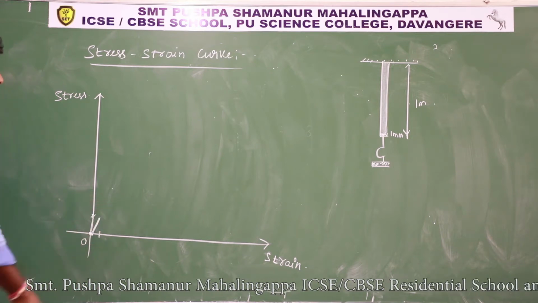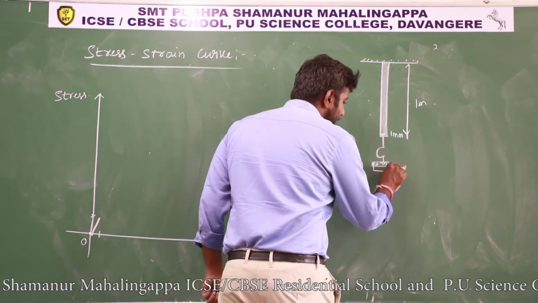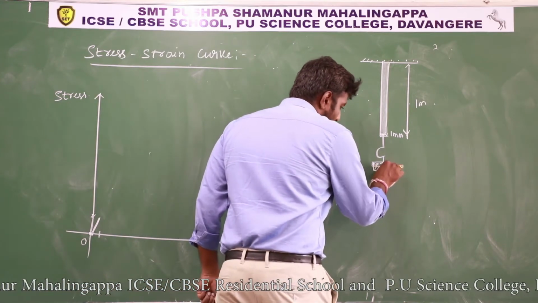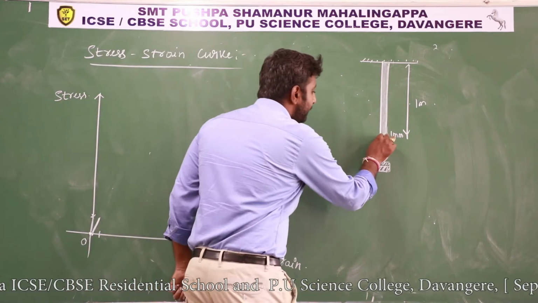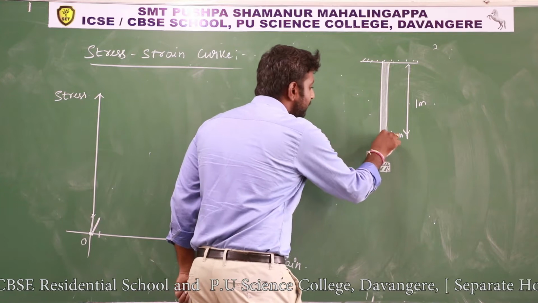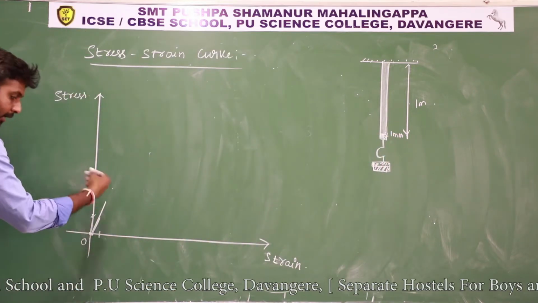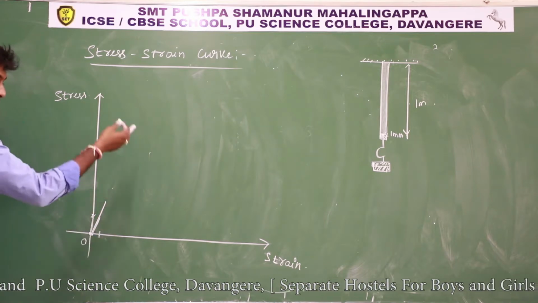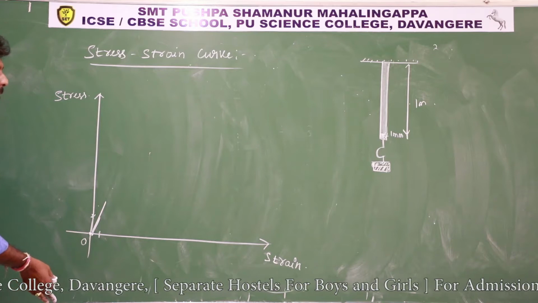Similarly, I will add 1 more kg, and I observed that 1 more millimeter of length was increased. So again, for another 1 kg block, the length increased is 1 millimeter.